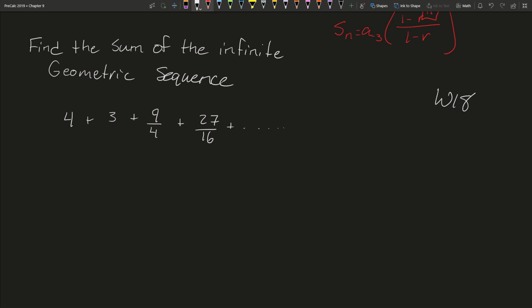If our first term is 4, and we have to get to 3 by multiplying by something, the only way to get from 4 to 3 by multiplication is to multiply by 3/4. If we continue that pattern, we multiply 3 by 3/4 to get to 9/4, and again to get to 27/16. Because this is consistent, we have a geometric sequence.